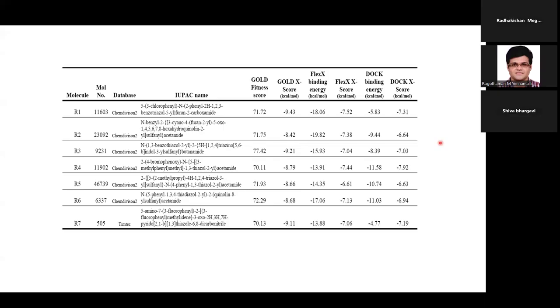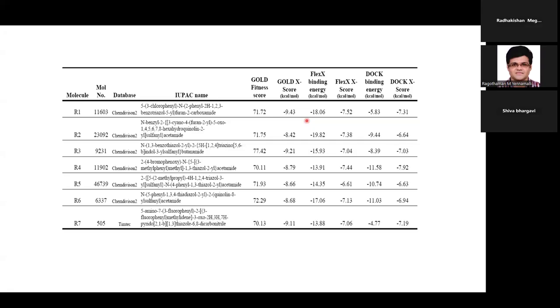The way we do it is that if two values of X-score are within the plus or minus 2.2 kilocalorie per mole cutoff, then they will be similar. Meaning, let us say one molecule docked with an X-score binding energy value, after docking and reevaluation, of, let us say, minus 10 kilocalorie per mole.